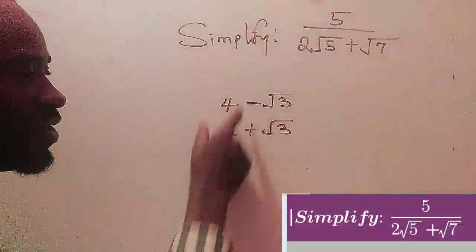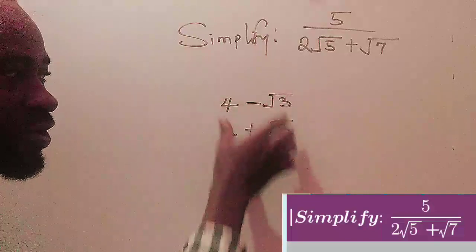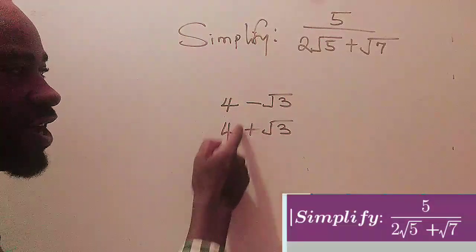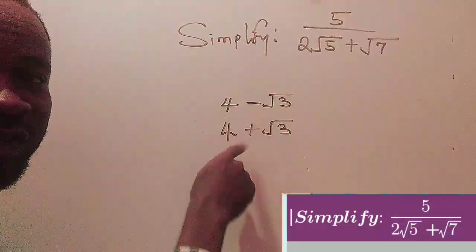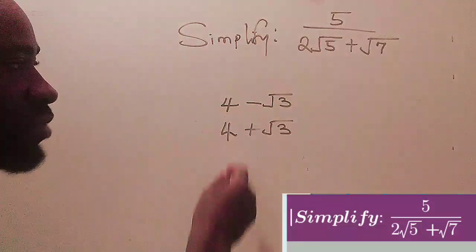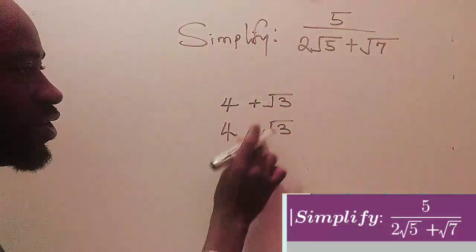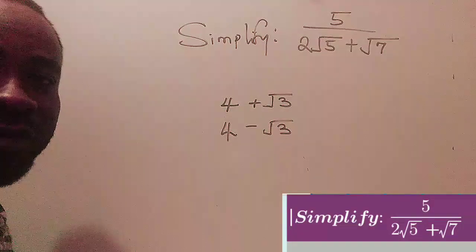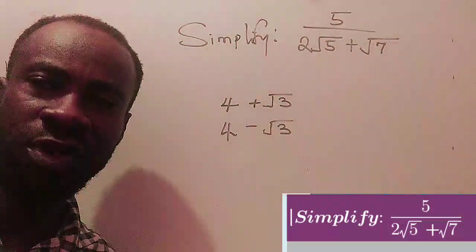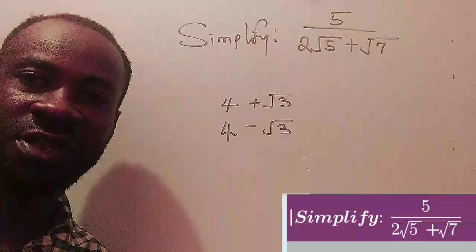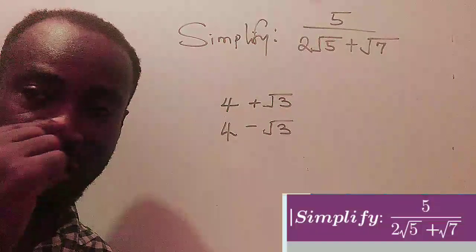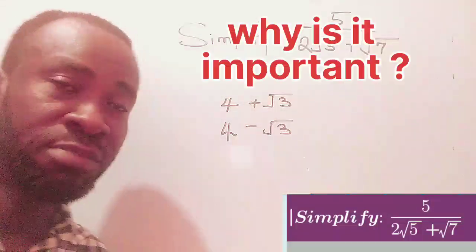You can see we have the same binomial surd here, but the sign in the middle is the exact opposite. The same thing, if this is plus, then the conjugate of this is going to be 4 minus root 3. So that is just what the conjugate is all about. It is just the exact same surd with the opposite operation in the middle.